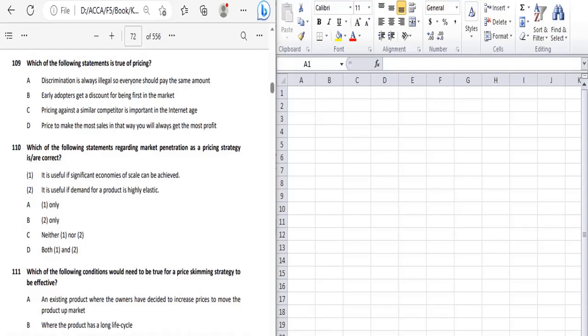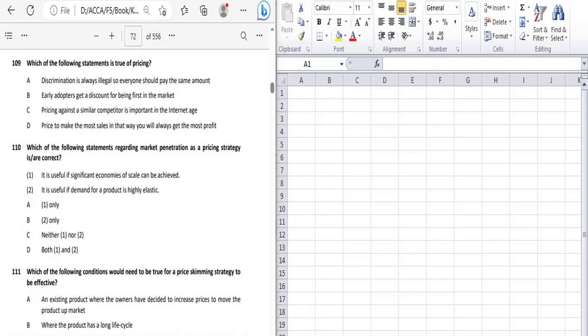So both are correct. You might be wondering how market penetration helps. It is useful if significant economies of scale can be achieved. In market penetration, we charge a lower price in order to gain market share, so a larger volume of output will be produced.